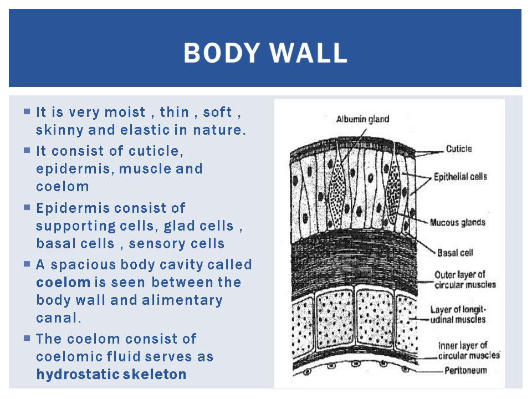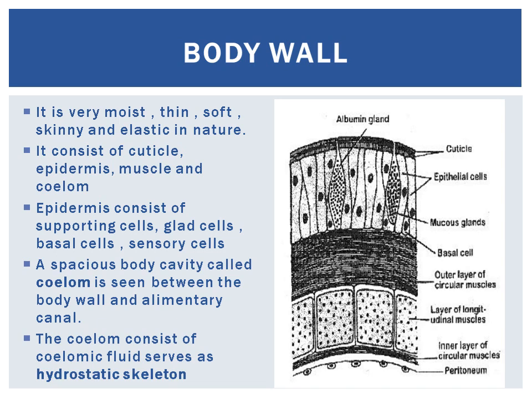We learned it in the tissue topic. So what are the special cells in these epithelial cells? They are supporting cells, gland cells and basal cells. Can you see these gland cells? Mucus gland is one of the gland cells, right? The basal cell is at the bottom. Then sensory cells are also present in this epidermis layer, right?